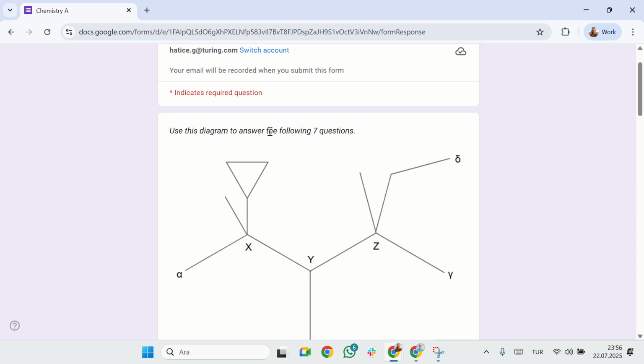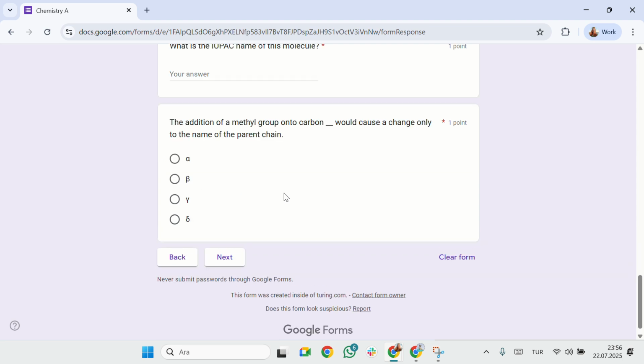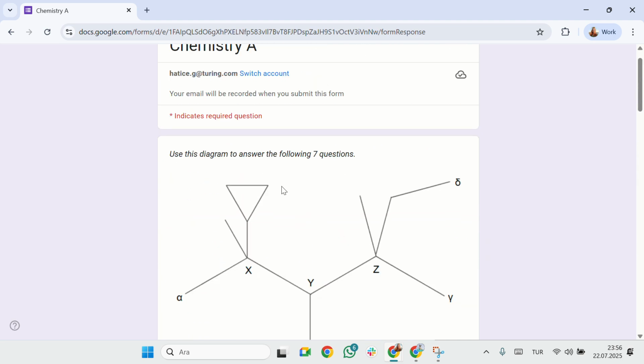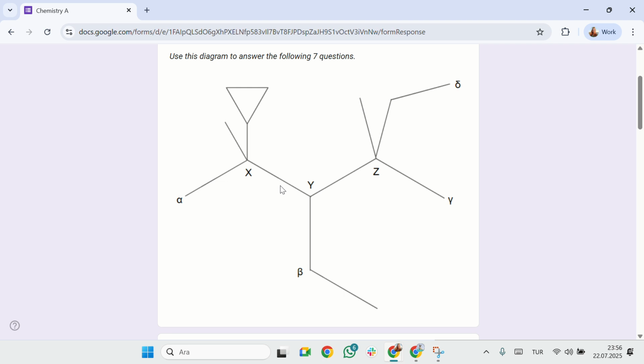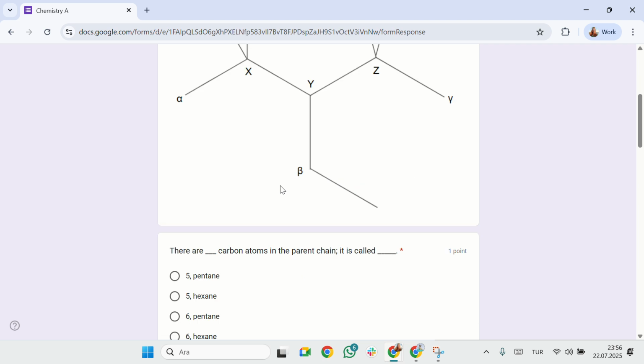Use this diagram to answer the following 7 questions. Okay, these are here. I think this is a molecule. My chemistry knowledge is not like a beginner. I know chemistry at some level, but not a professional level.